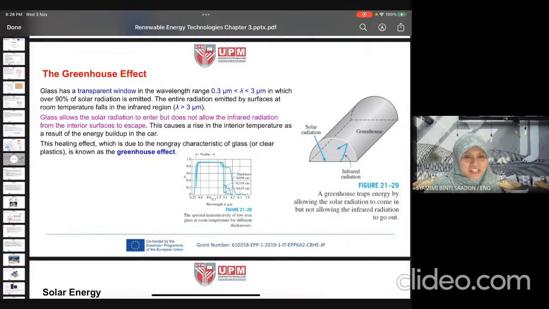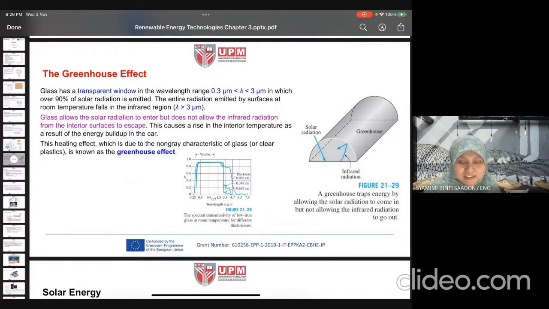We imagine there is infrared radiation that cannot be emitted back to the outside. So the radiation is trapped inside the house, under the window, the glass.